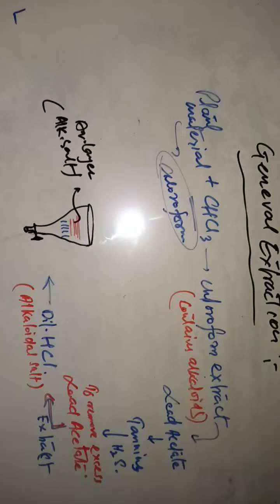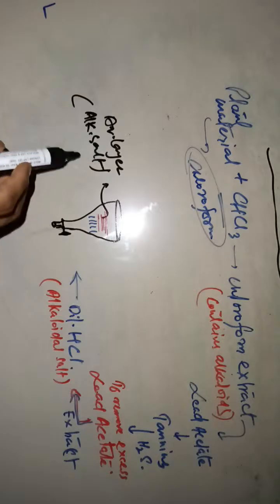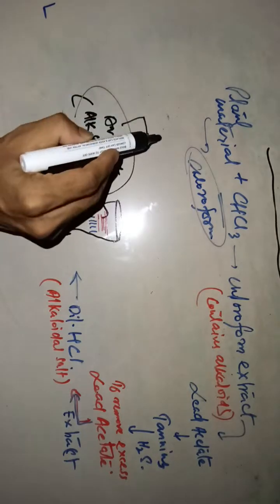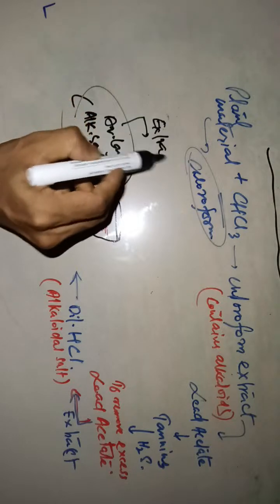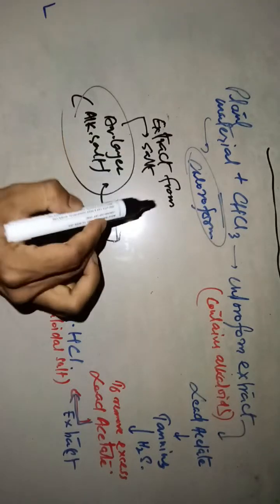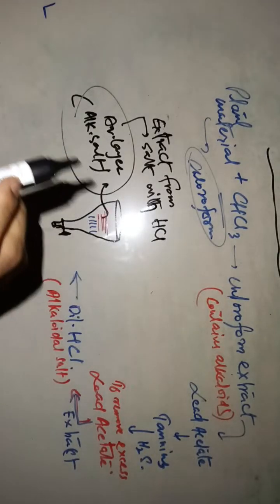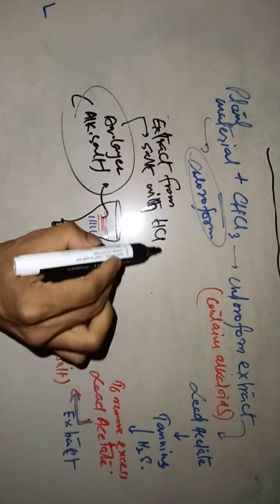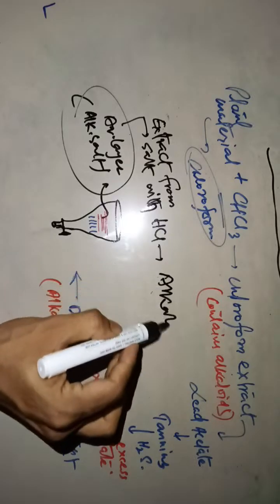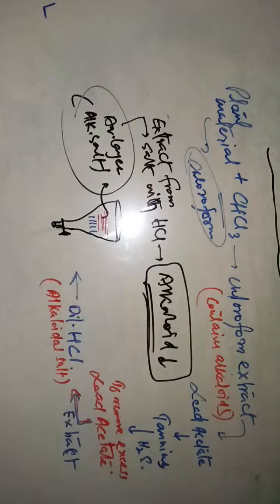Then the alkaloid will be found as precipitate.